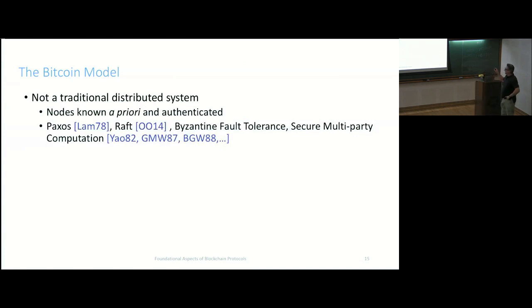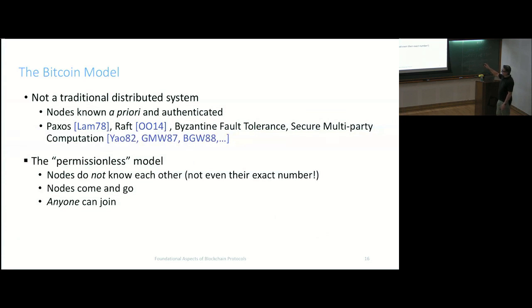There's a vast literature on fault-tolerant distributed systems. You might have heard of Paxos, which is a fault-tolerant distributed system, and an improvement called Raft. But this is all benign failure. There's the Byzantine version of these things where some of the parties might be malicious. And of course, in crypto, we have secure multi-party computation, which in some sense is bigger and subsumes this fault tolerance business.